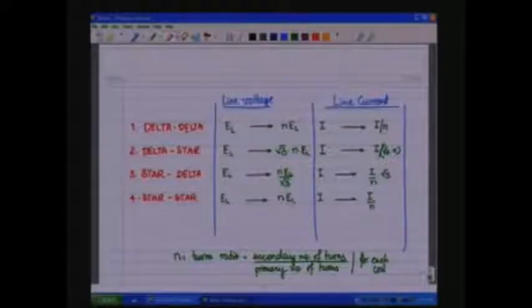In the case of the star, the windings are phase quantities. The voltage of the windings are 1 by root 3 times the voltage that are coming across the terminals.